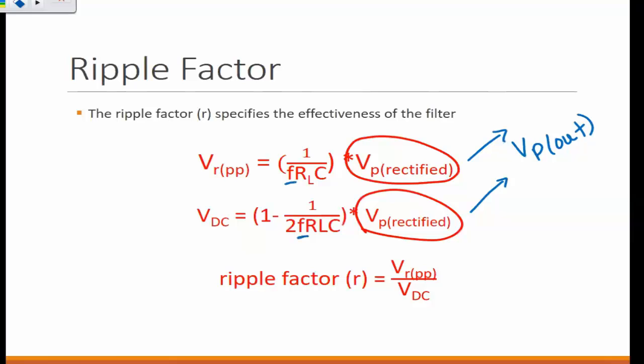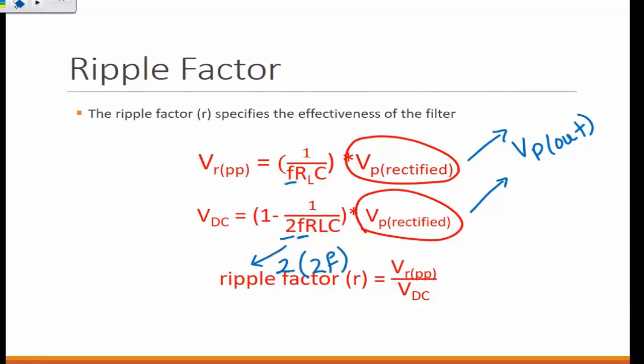But if it is a full wave, that F should be doubled, because this stage comes after the rectifier stage. The rectifier will automatically make the frequency double. Yes, you still multiply by 2. This 2 is not already being multiplied; this 2 is just in the formula. This F is already going to be 2 times F if it is a full wave.